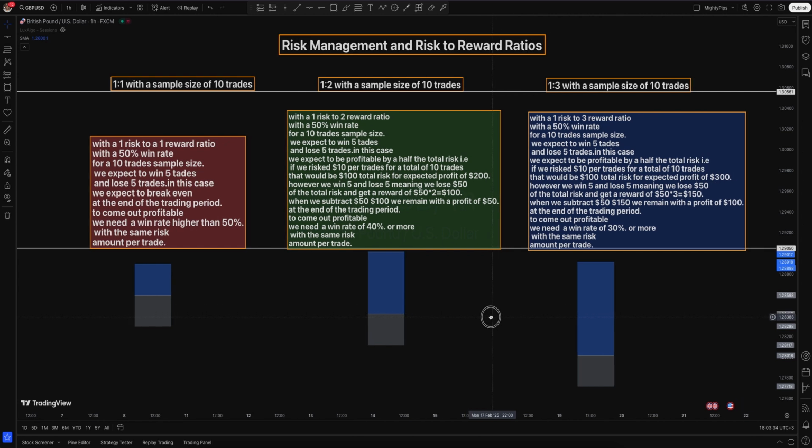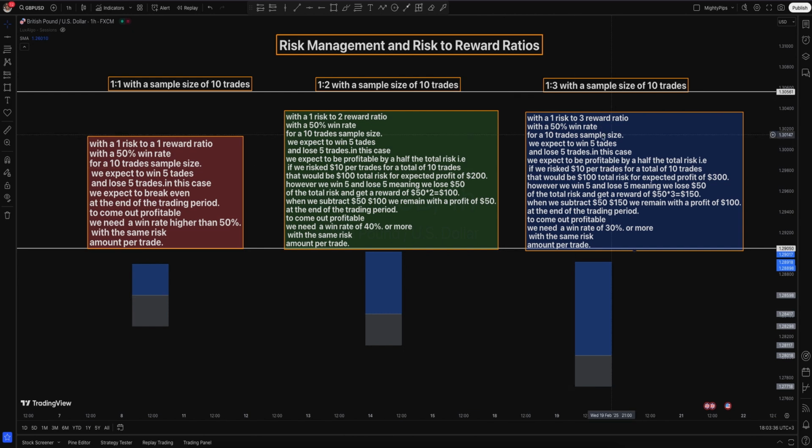Okay, so let's move on to a 1 to 3 risk to reward ratio so that you can see how this helps you with your trading. So with a 1 to 3 risk to reward ratio, with the same 50% win rate, sample size of 10 trades, you win 5, you lose 5. Okay, so you are risking $100 still, but you are now expecting a profit of $300, because you are expecting 3 times that risk.